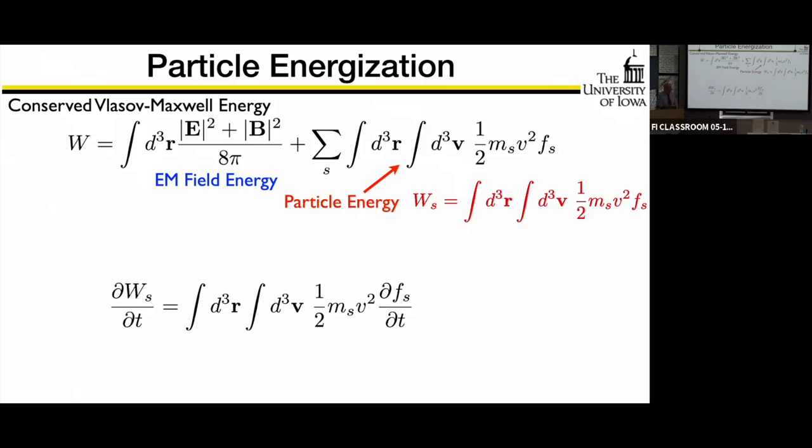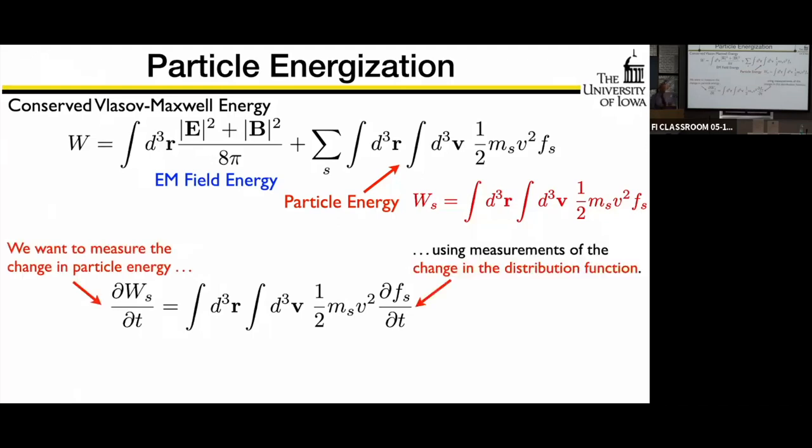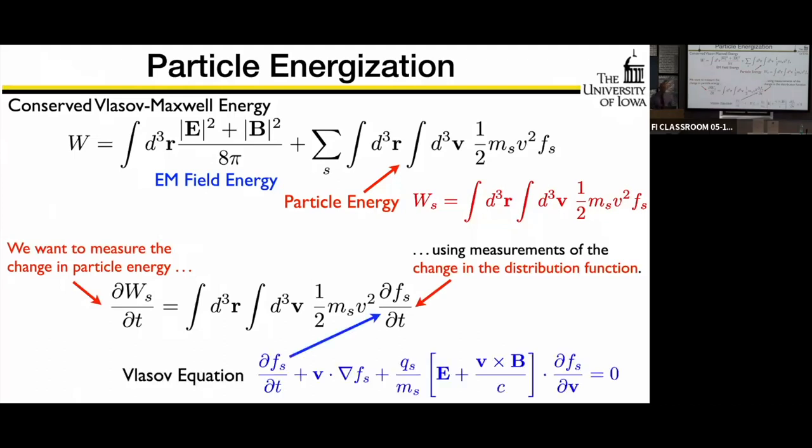And so if we take the time derivative of this, that d/dt can go right in through all of this. The only thing that depends on time is the distribution function, so I can put it right in there. So what we're doing is we want to measure the change in the particle energy by using changes in the distribution function. Now, I know df/dt is governed by the Vlasov equation, so I can replace that df/dt with the rest of the Vlasov equation.